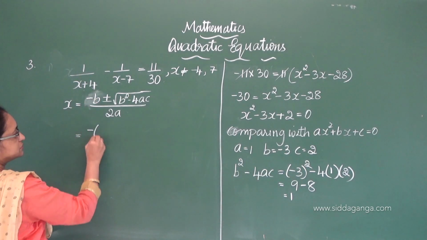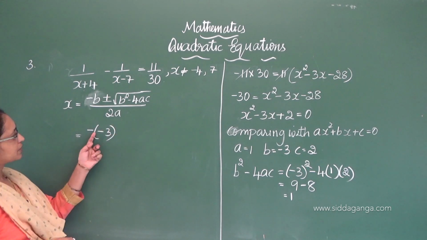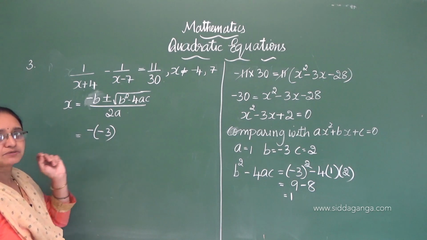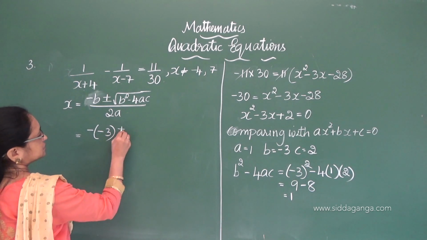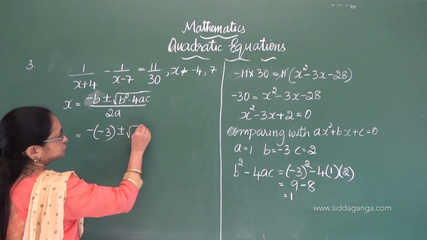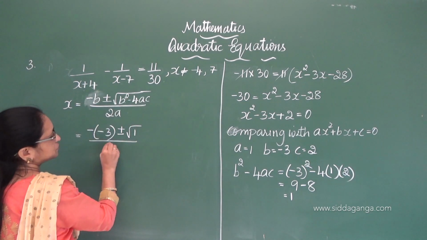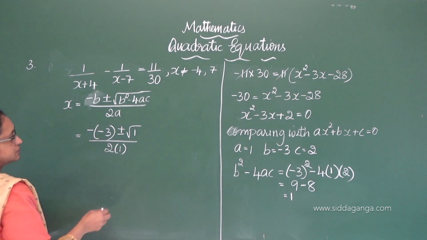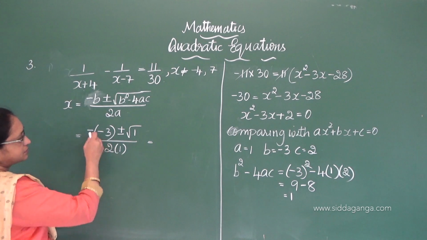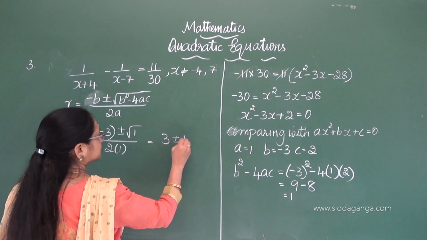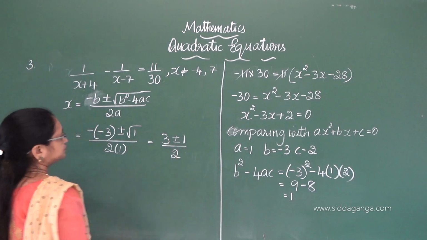I hope you understood, like this it will be. See, minus and b is minus 3. So minus into minus it will become plus. Plus or minus root of b square minus 4ac, root of 1 by 2 into 1. So 2 into 1 is 1 only. So what the answer will be here, minus into minus plus 3 plus or minus 1 divided by 2.